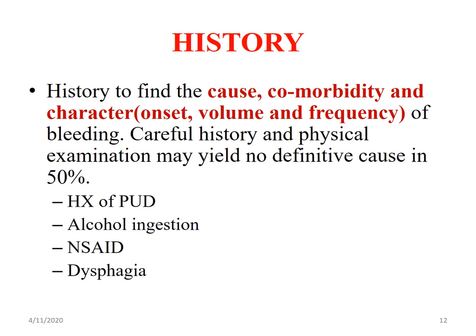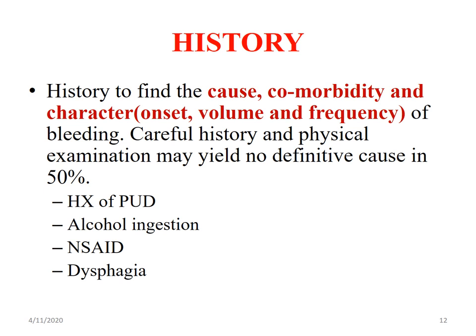A careful examination may yield something, but sometimes it is not important, because not all examinations of patients with upper GIT bleeding will give us the exact cause, and it is usually found only in 50%.